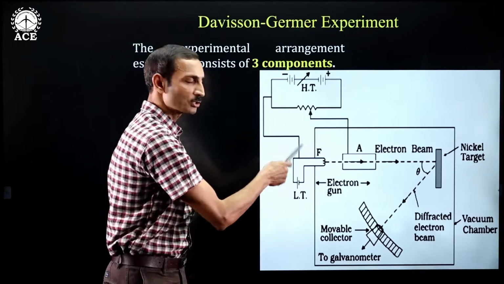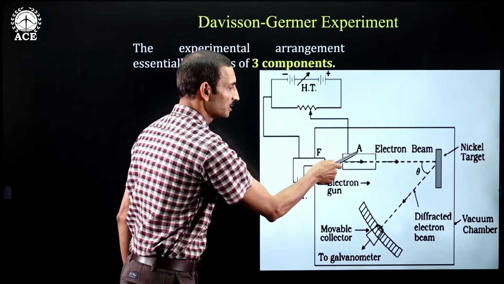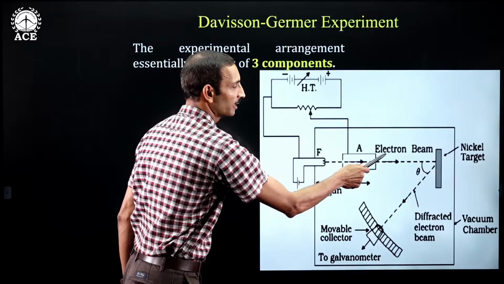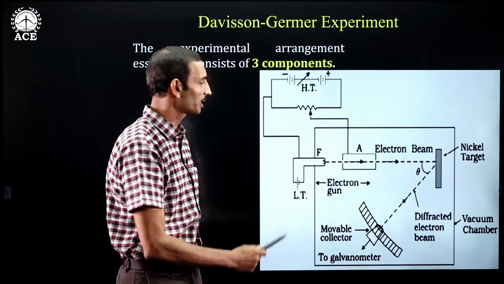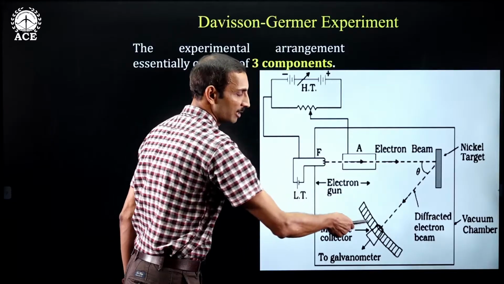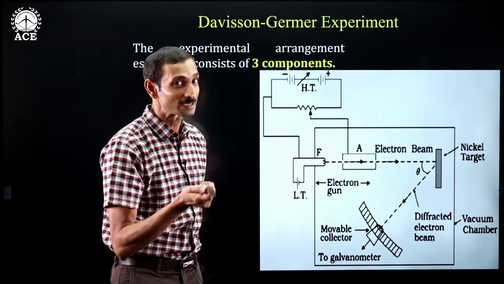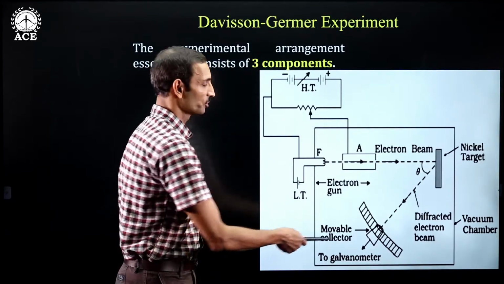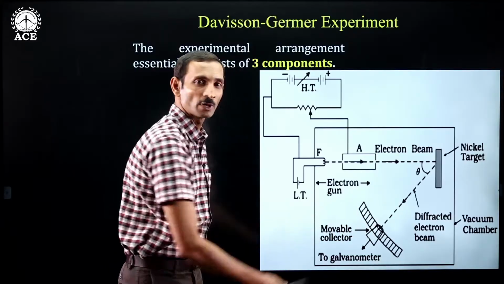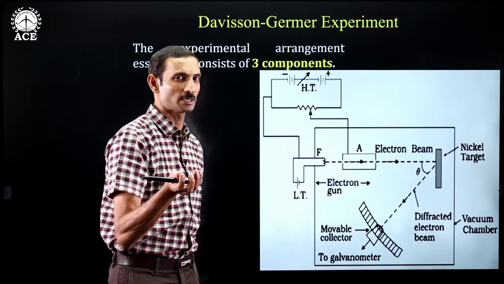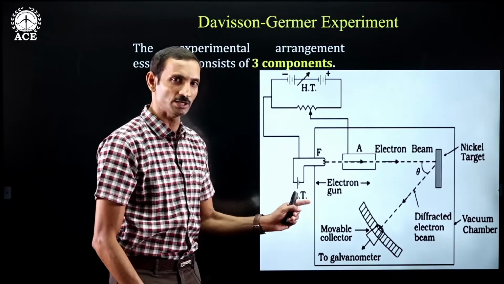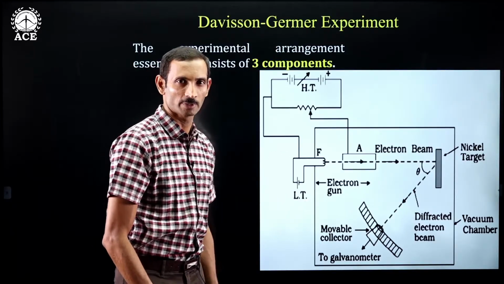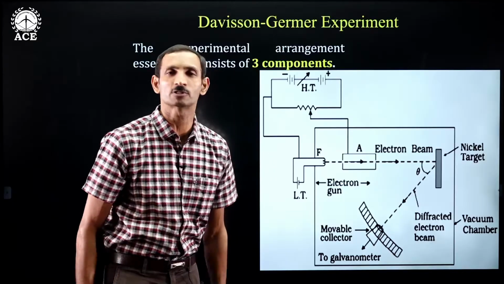Here, electron beams collimated by this anode form a beam falling on the crystal target, the metal target, and after falling on it they diffract or scatter in different directions. That is collected by a metal cylinder, which we call an electron collector. We're going to discuss each and everything about this experiment. This is basically what we have for the Davisson-Germer experiment.